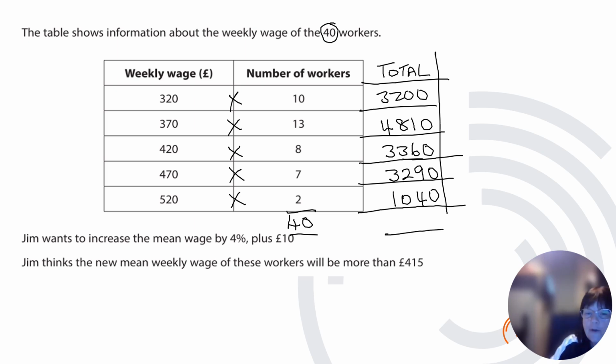Now, we add all these up and we come to 15,700. So we divide that by the number in the question. So we divide that by 40 and we will end up with £392.50.